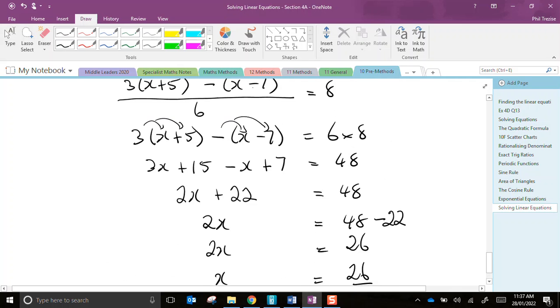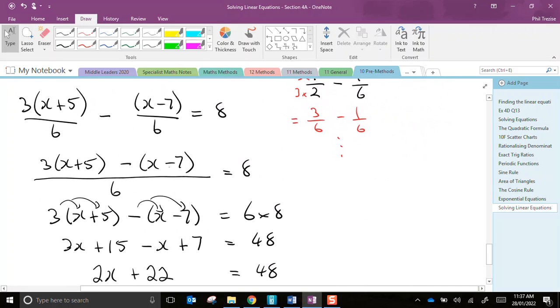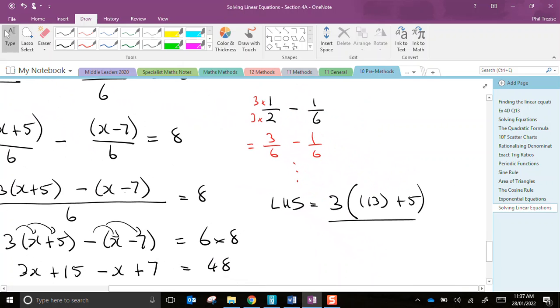We solved it. Now, of course, we will need to go back and check the original equation. So let's give myself a bit more room. The left-hand side was 3 outside the brackets of 13 plus 5, close the brackets, all, oh, I didn't go back far enough. It wasn't that at all. It was no 3 there.